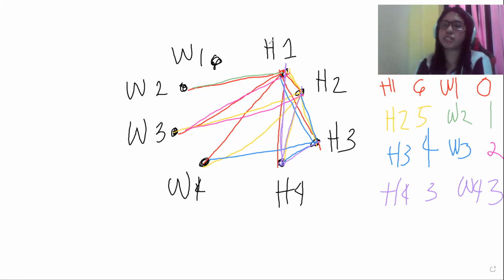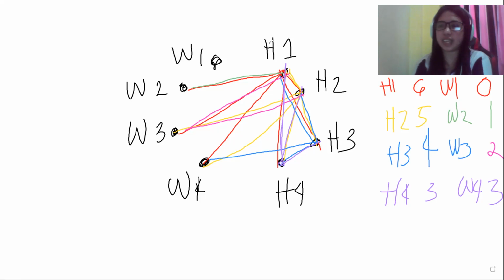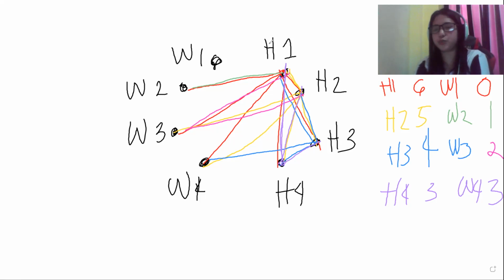Since we have the same number for husband 4 and wife 4, which is 3 and 3, this is similar to the condition that you cannot shake your own hand, which means it is possible that husband 4 and wife 4 are the hosts of the party.